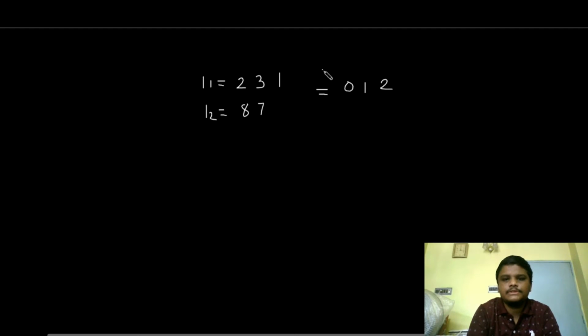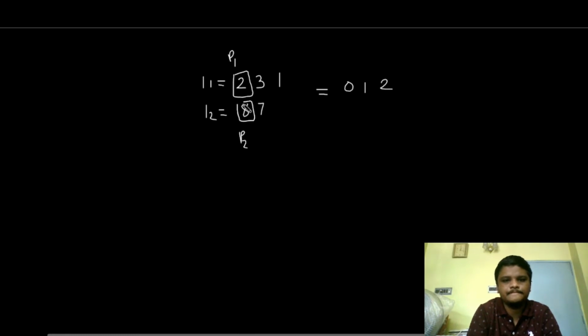Okay, now what we can do is that we need to have a pointer in order to get this output. We will have a pointer, let's say p1, which is currently pointed to 2, which is considered the head, and there's another pointer p2, which is currently pointed to 8.